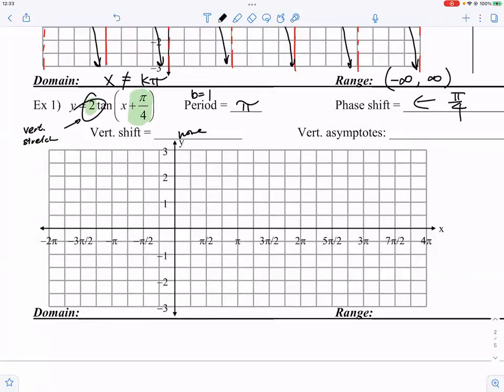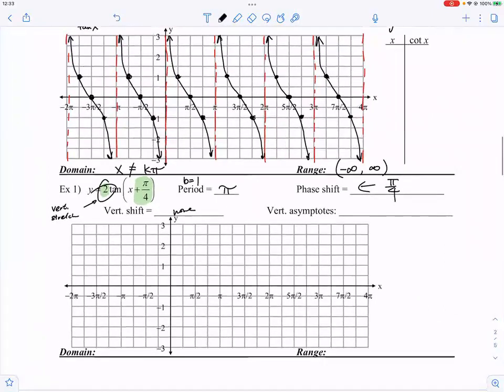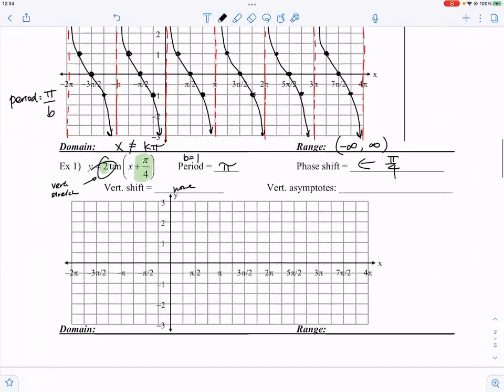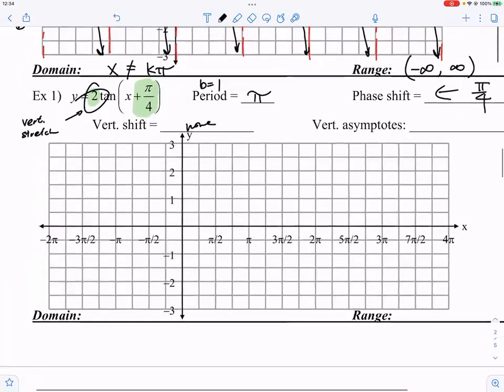So for sine and cosine graph, we have 2 pi over b. For tangent and cotangent, the period is going to be pi over b. Now we have a phase shift of pi over 4.